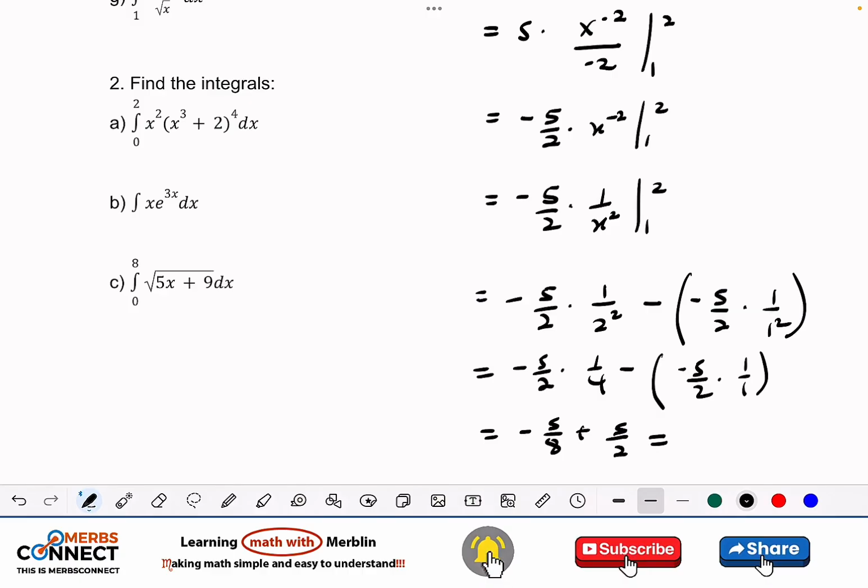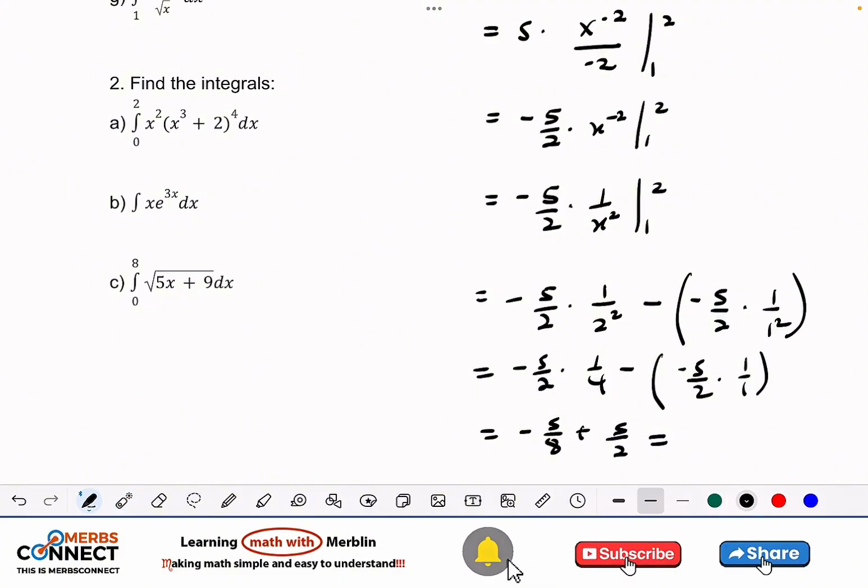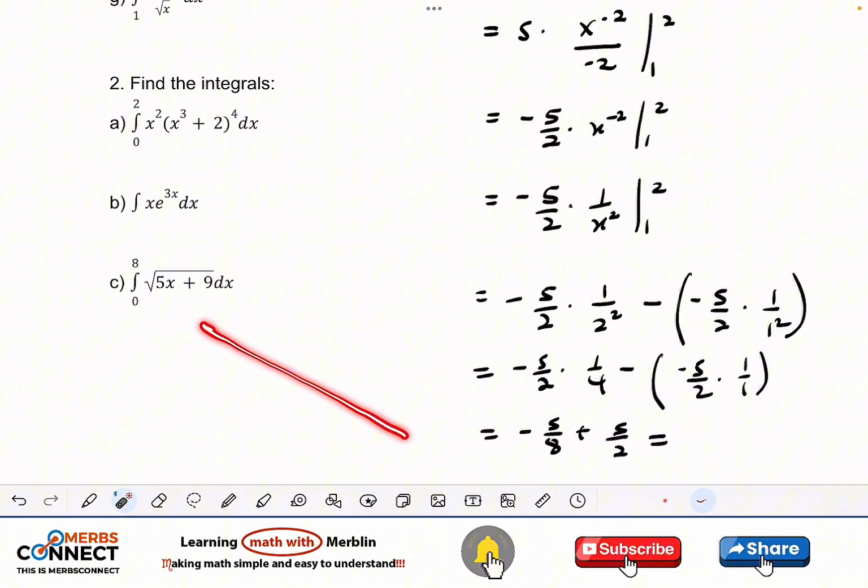This is the same as, now I want to make sure that the denominator is the same. We can use the first, second, third, right? So let's do that. First means that this times this. So I'm going to have 2 times negative 5, which is going to give us negative 10.